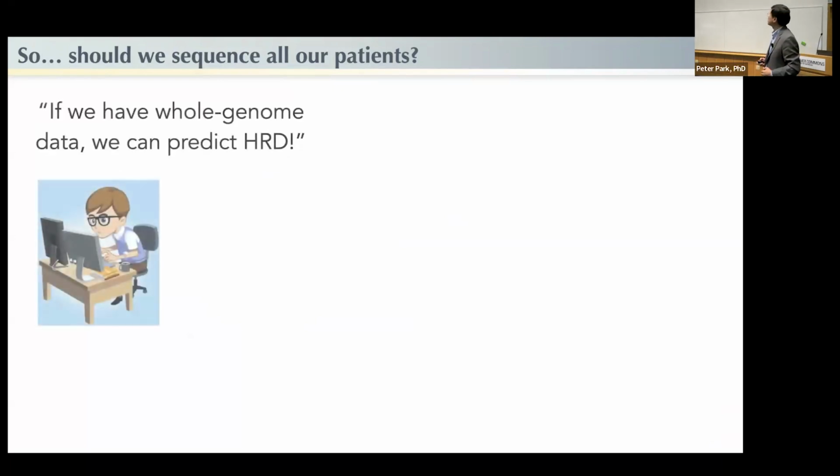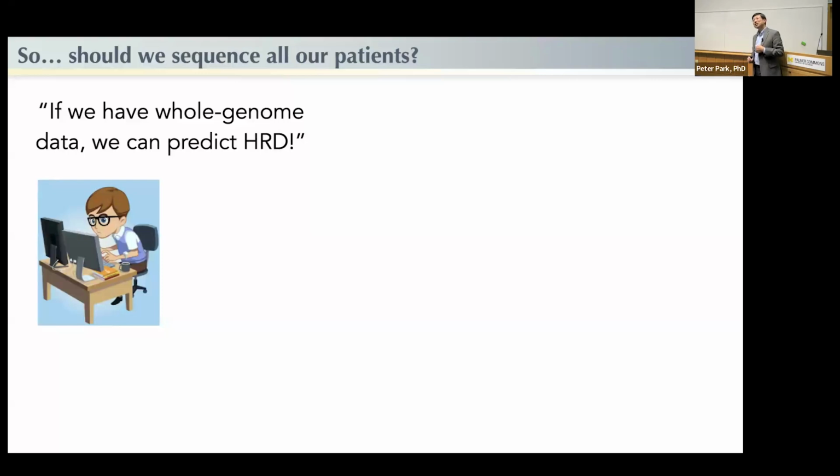Now, given this 2017 paper, the first thing you can think of was, well, we should just do whole genome sequencing in all these cases, right? And I thought, hey, we can just have whole genome data, and then we'll identify these. And so this is how some of us computational biologists think, right?